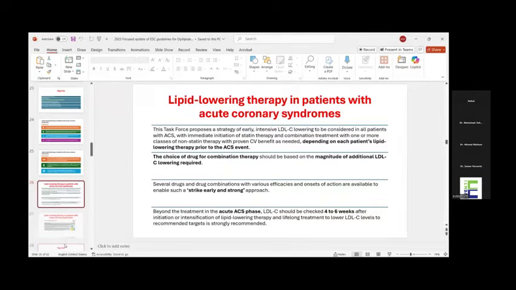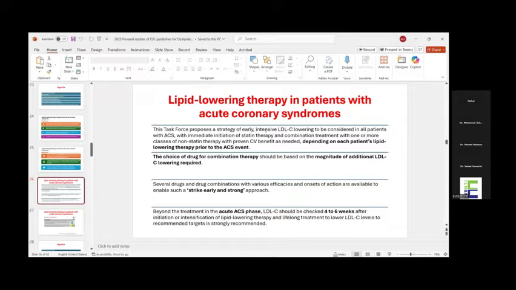So, in this focused update, intensive LDL cholesterol lowering is to be considered in all patients with acute coronary syndrome, with immediate initiation of statin therapy combined with one or more of the classes of non-statin therapy with proven cardiovascular benefits, such as ezetimibe, PCSK9 monoclonal antibodies, or bempedoic acid, depending on each patient's lipid lowering therapy prior to the acute coronary syndrome event.